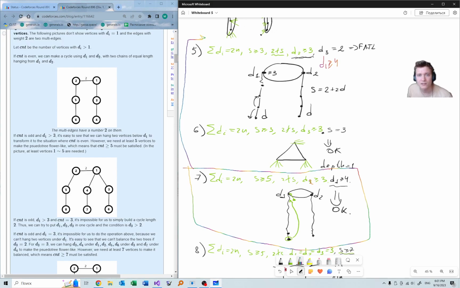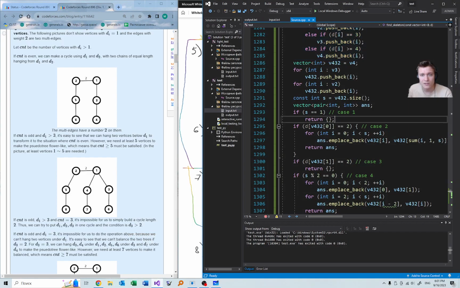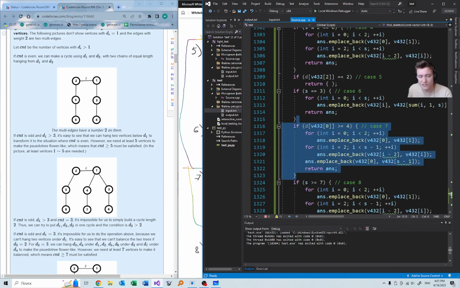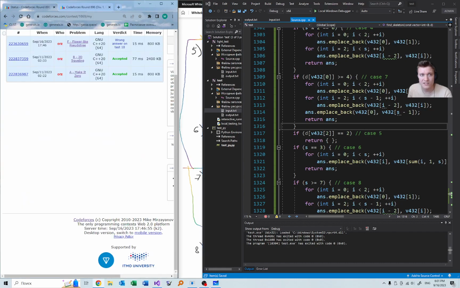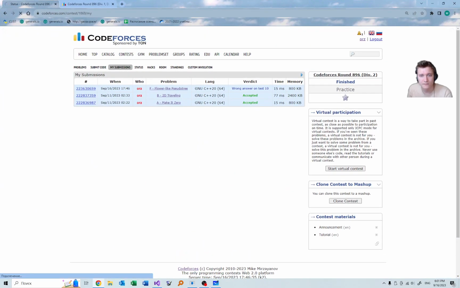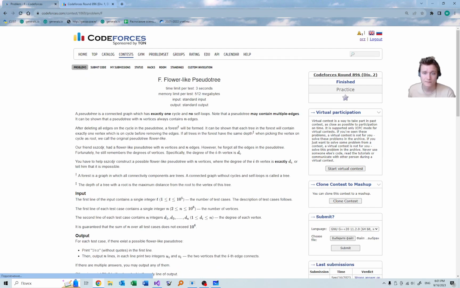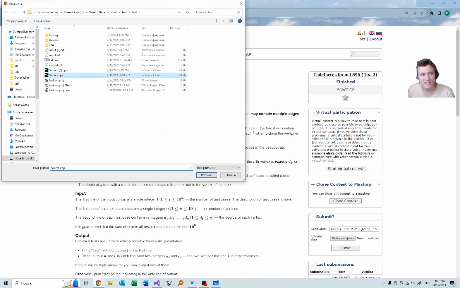Now we have that d1 is at most 3. And here we also have that d1 is at most 3. Okay, sounds okay. So we need to put the 7th case here. Let's try and submit it again. I hope that it works this time.